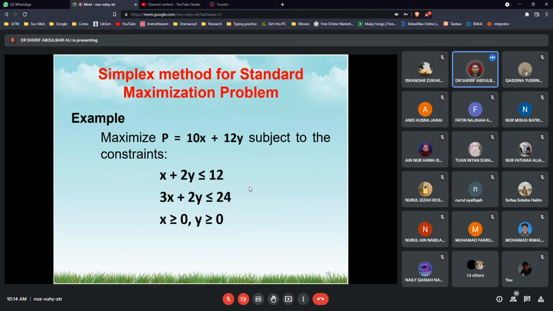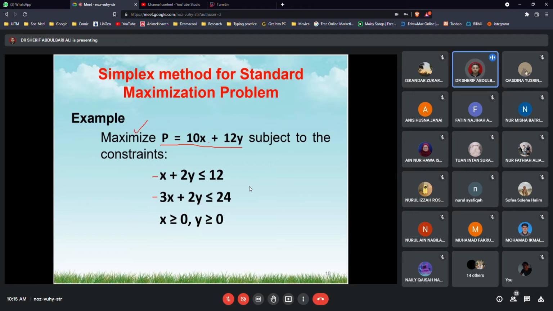So when we are looking at the simplex method for a standard maximization problem, this is the example. We need to maximize this objective function, subject to these two constraints. This is your first constraint, and this is your second constraint. Looking at the characteristics: the objective function is to be maximized, true.